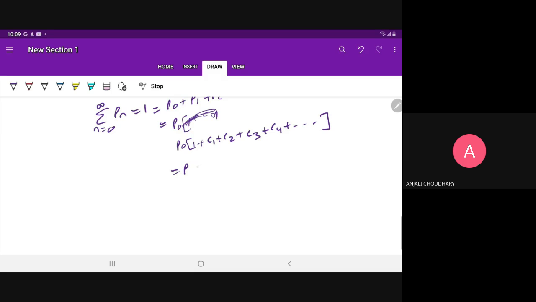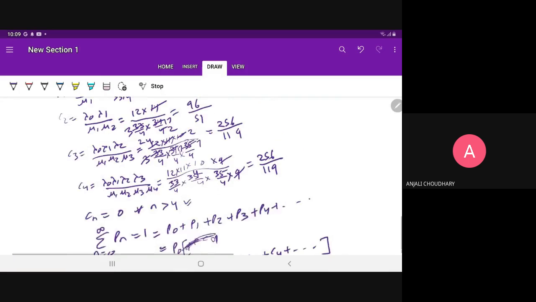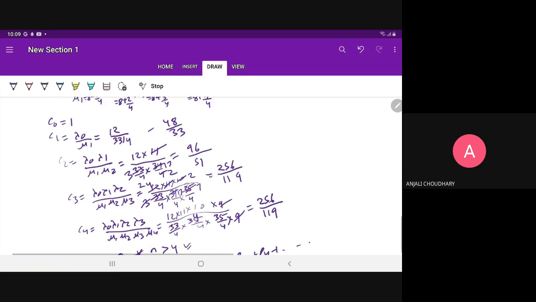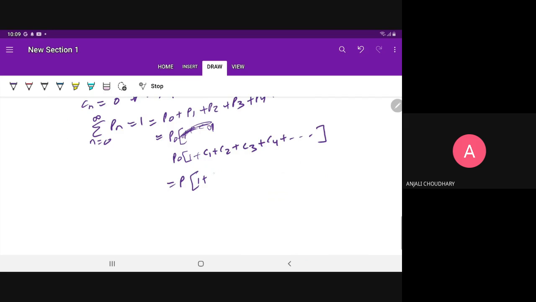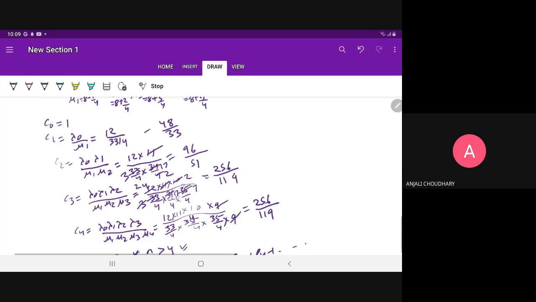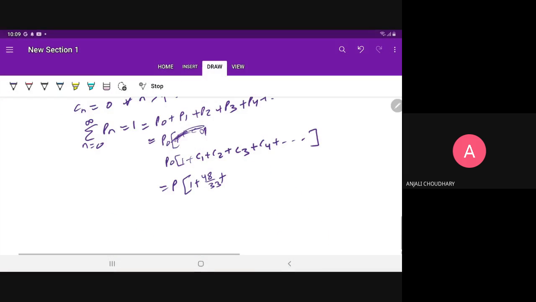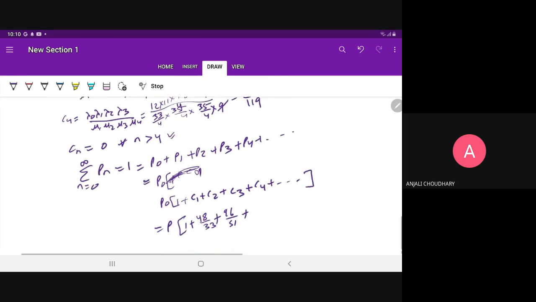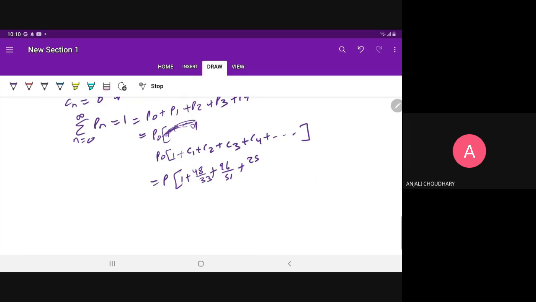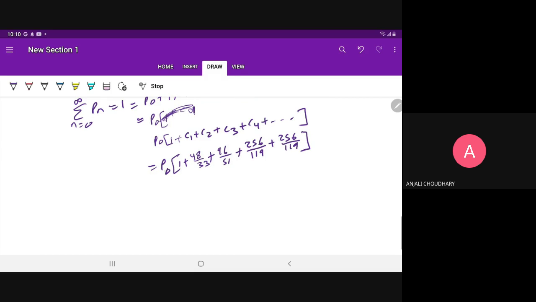So this is P naught 1 plus C1 we have computed as 48 by 33, then after that 96 upon 51, then 256 upon 119, plus 256 upon 119. So this is your P naught is equal to 1. So P naught will be the inverse of this.